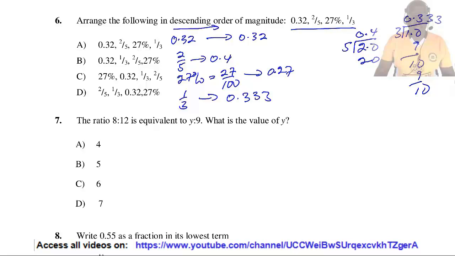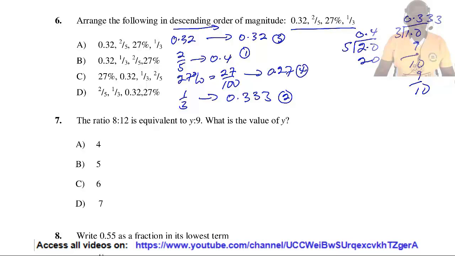Now we are to arrange the items in descending order. Descending order means the biggest number first. The biggest among the decimals is 0.4, followed by 0.333, followed by 0.32, and followed by 0.27.